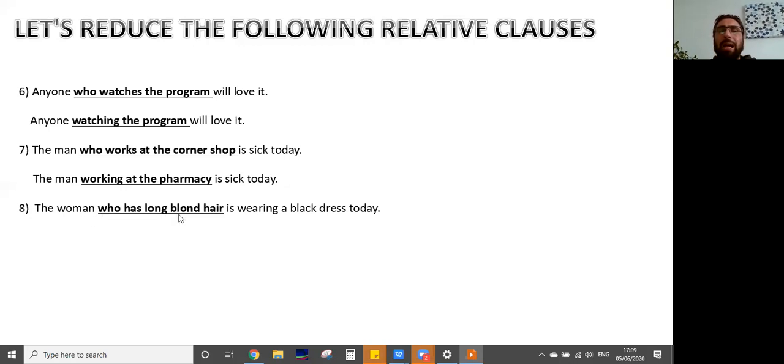The woman who has long blonde hair is wearing a black dress today. So how can we do that? How can we reduce that?